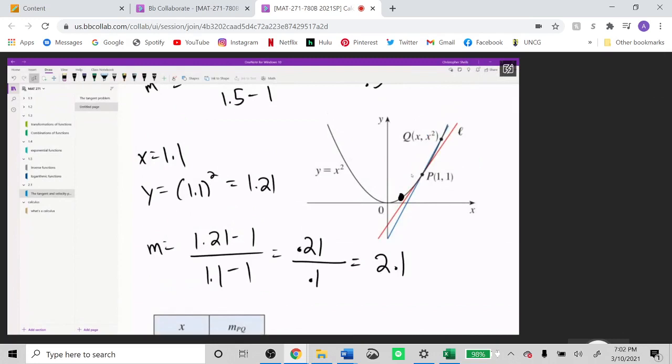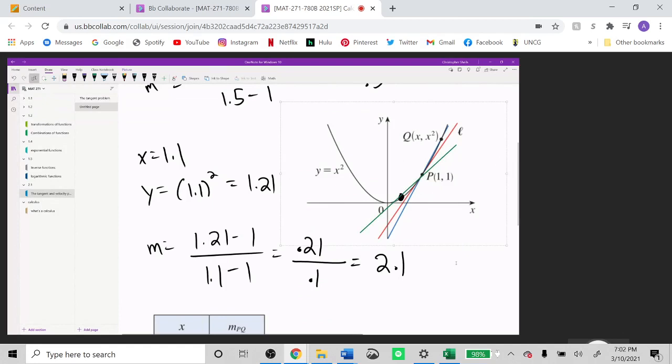So I could have approached this from the other way, right? I could have drawn a line that runs through these 2 points where my point Q is on the dot that I just drew, right? Which would instead cause this slope to be an under approximation of the red slope.